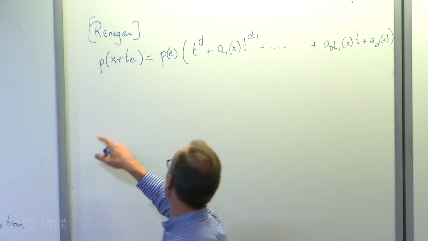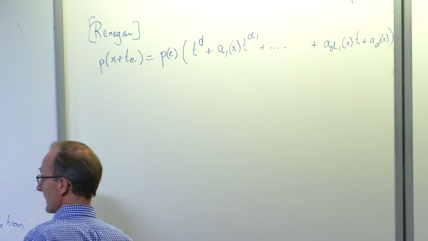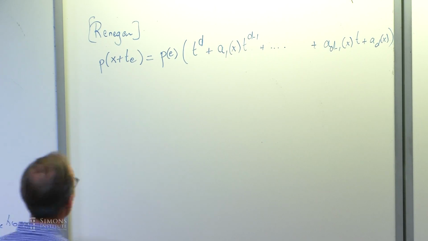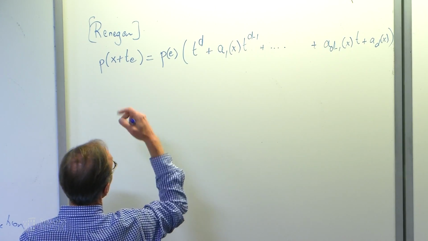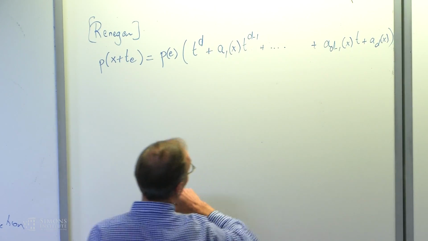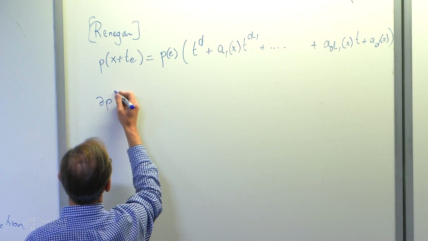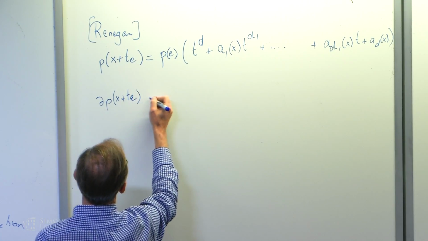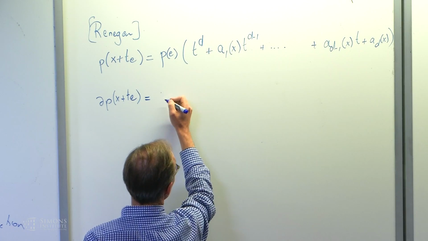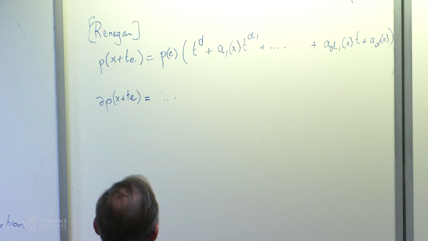Now, if this is the expression for P of x plus tE, then I can easily get the description of del P of x. I take the derivative of this with respect to t, and so I get del P of x plus tE, and you can differentiate.